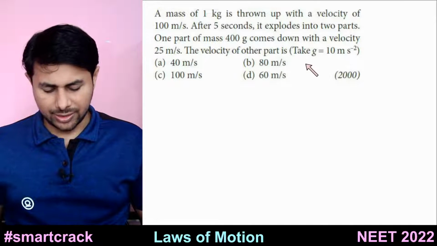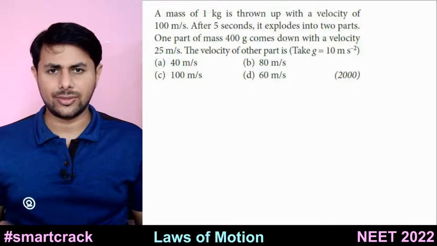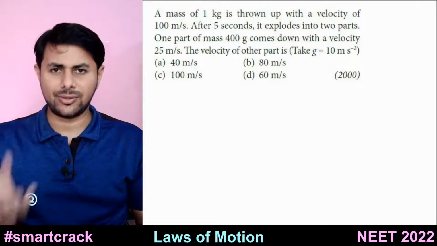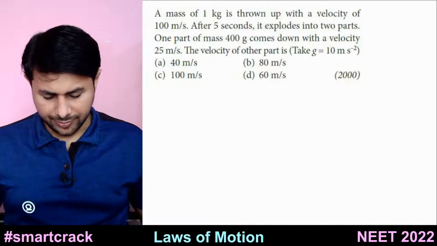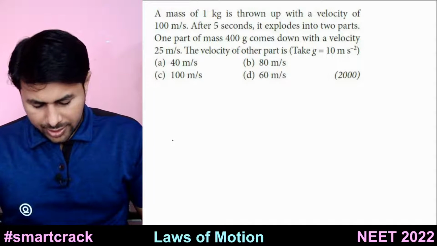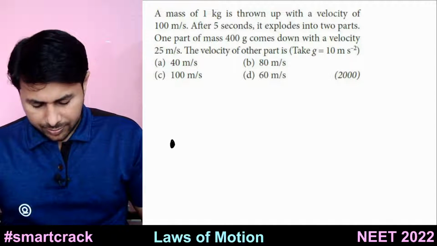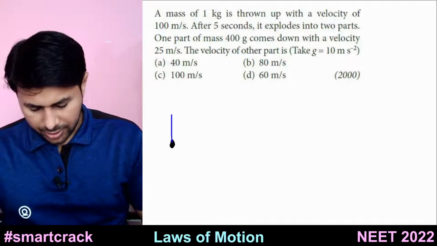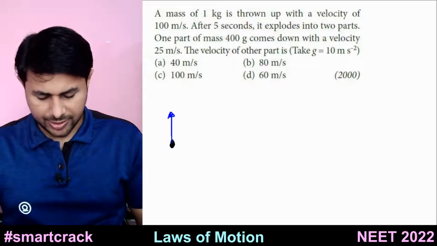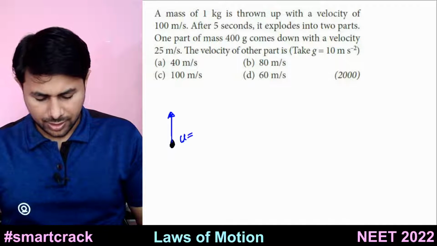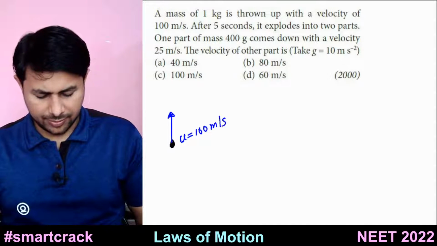The velocity of other part is, okay, so there is one mass which is thrown up. Its mass is 1 kg. It is thrown up with some velocity, 100 meters per second. So u equals 100 meters per second.